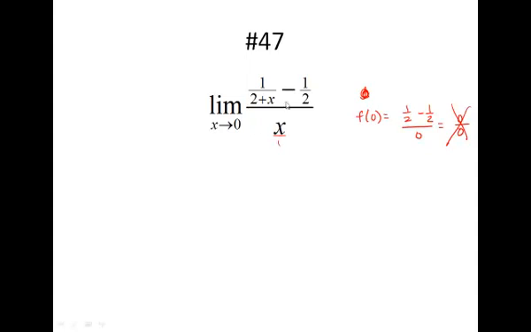I'm going to rewrite this function. I first need a common denominator, so I have 1 over 2 plus x minus 1/2, and basically I'm just going to take the two denominators that I have and multiply them together. So my least common denominator is going to just be when I multiply my two denominators.